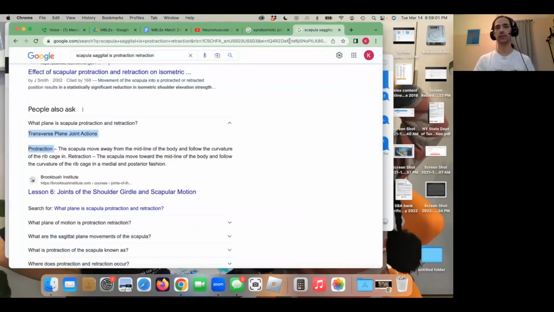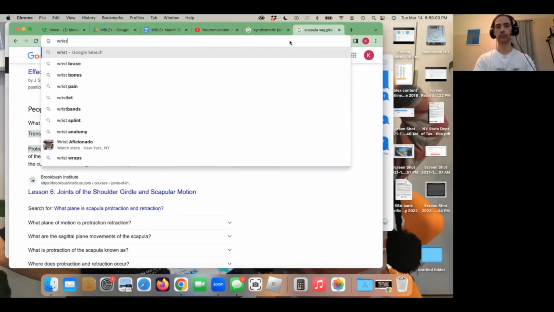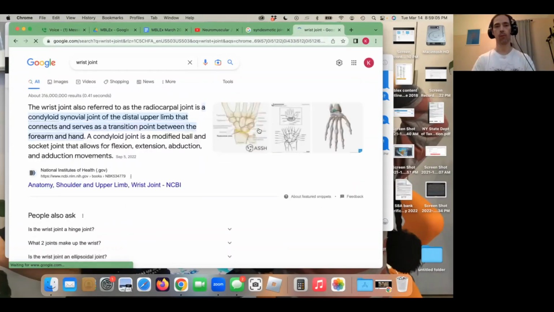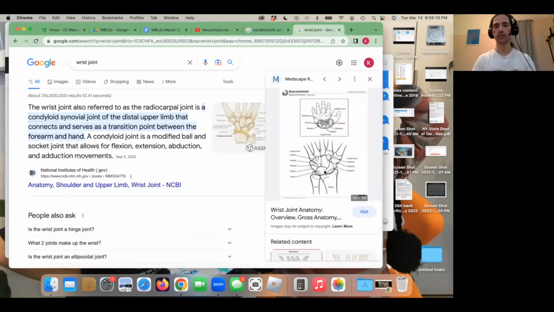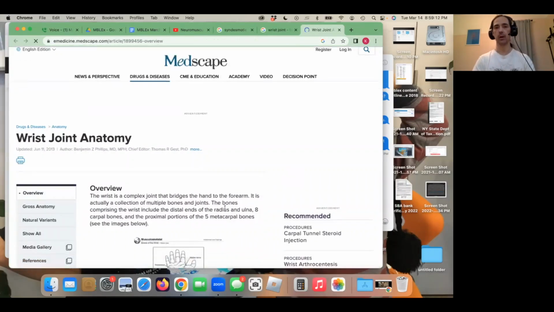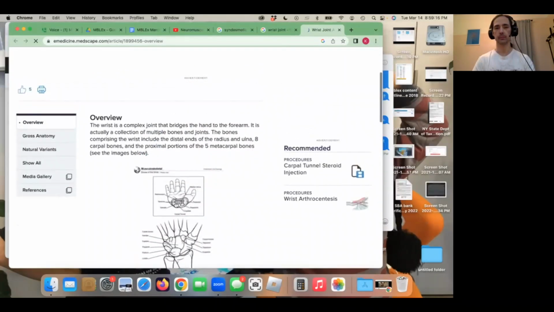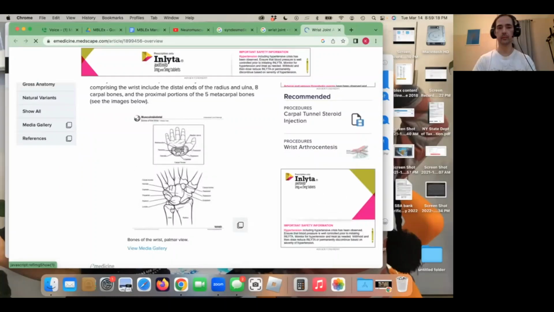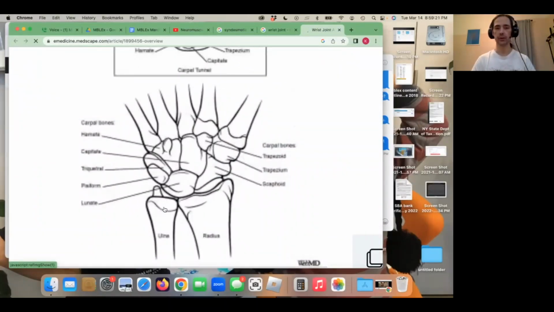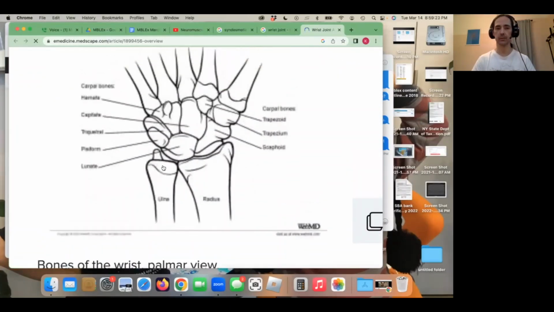So if we look at the wrist joint, you can see that overall there's a very shallow ball and socket or an ellipse shape. If we consider the ulna and the radius to be one bone, this is like an ellipsoid-shaped socket.